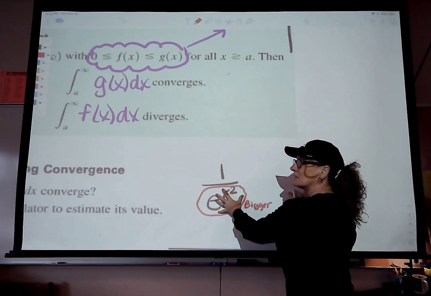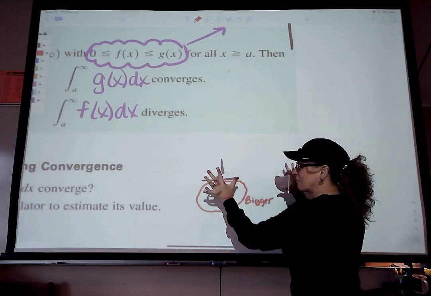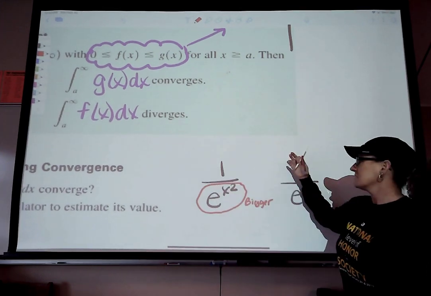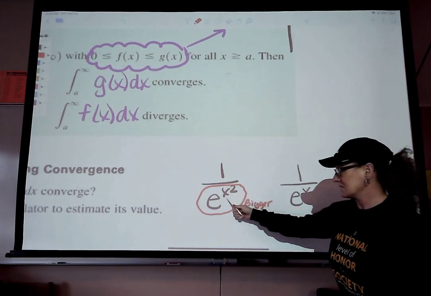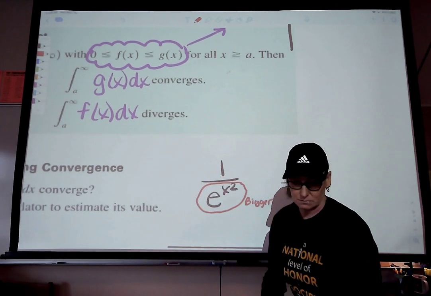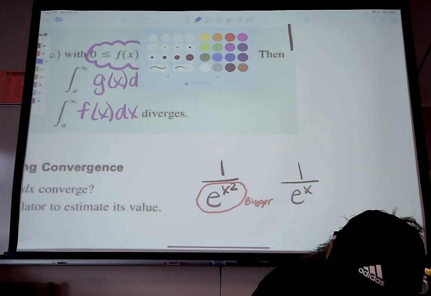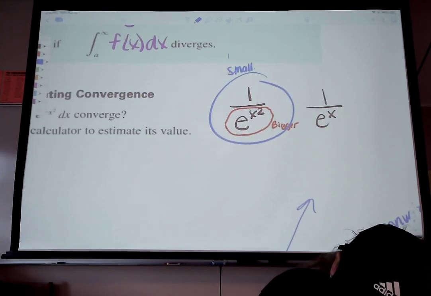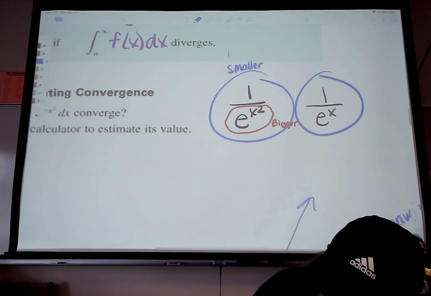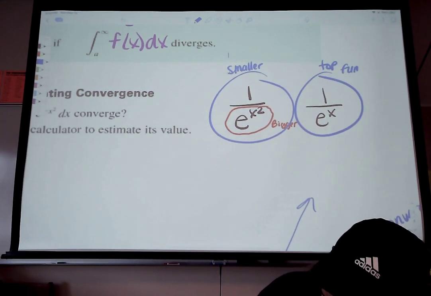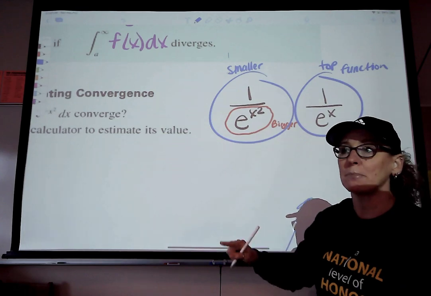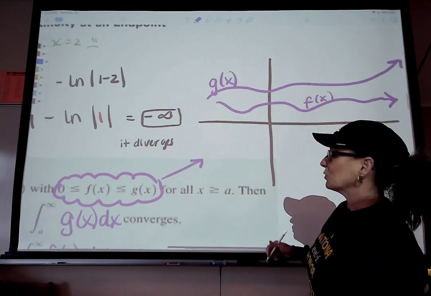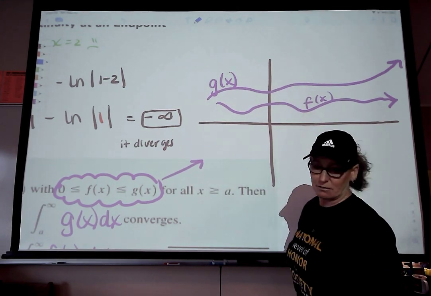What does that say about our overall function? If this denominator is bigger, then this fraction is smaller. How about this? This would be our top function. If I looked at it on a graph, the one I'm comparing it to would be the top function.